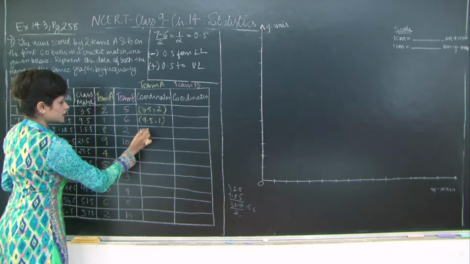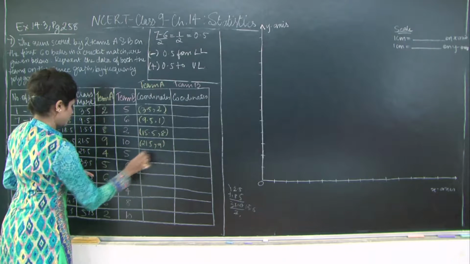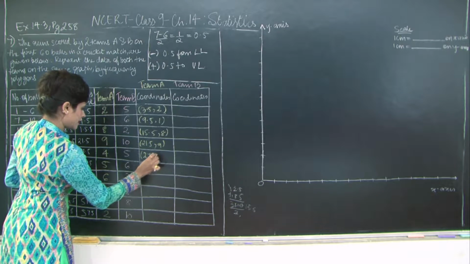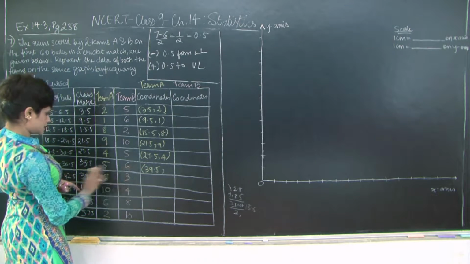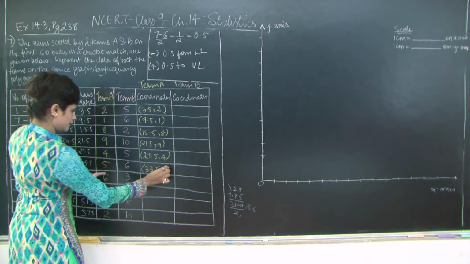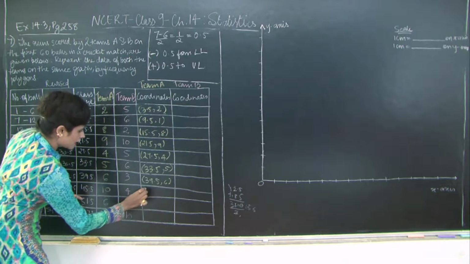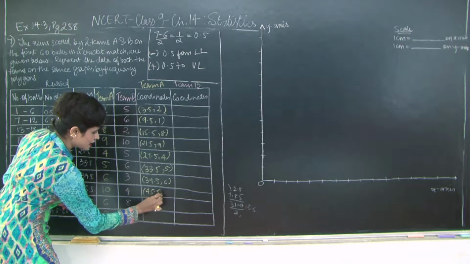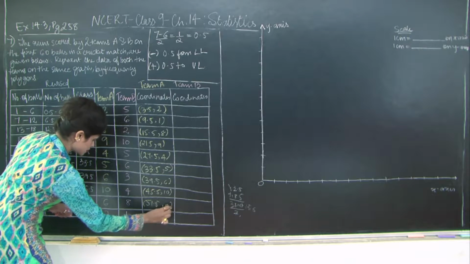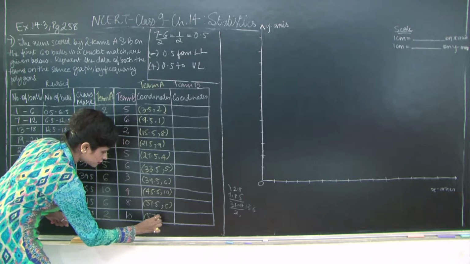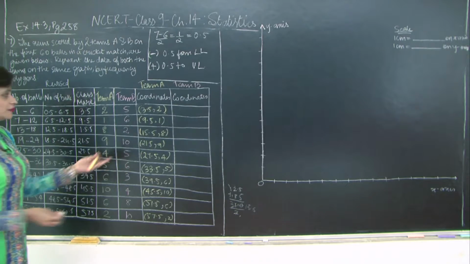So 15.5 and 8, 21.5 and 9, 27.5 and 4, sorry, this is 33.5 and 5, then 39.5 and 6, 45.5 and 10, 51.5 and 6, 57.5 and 2. Similarly, let's list down the coordinate pairs for team B.